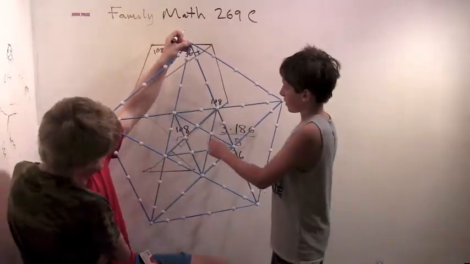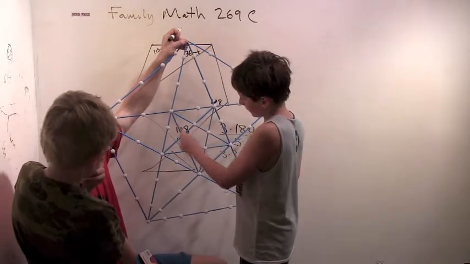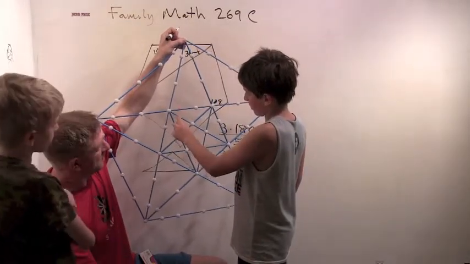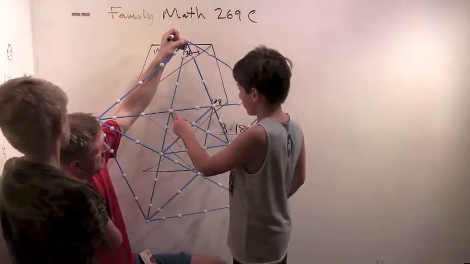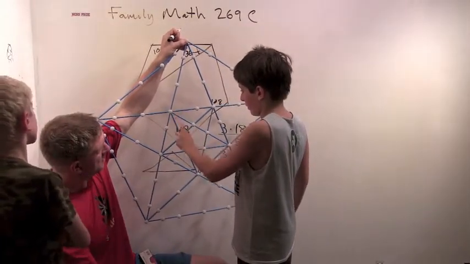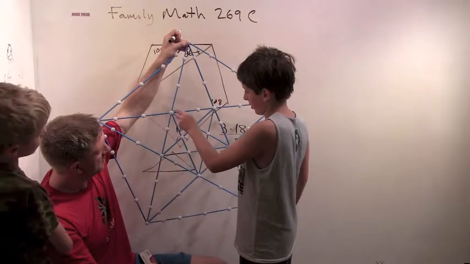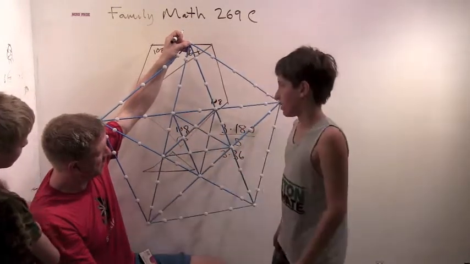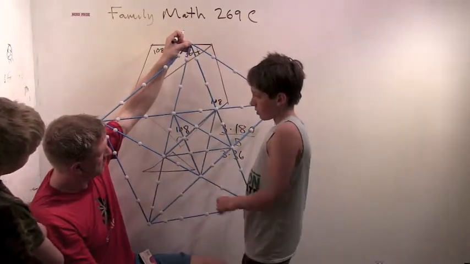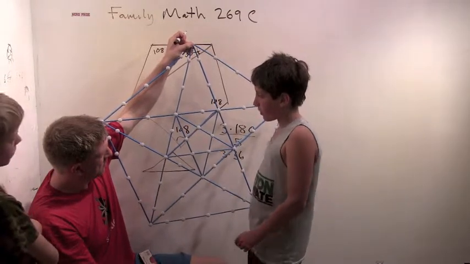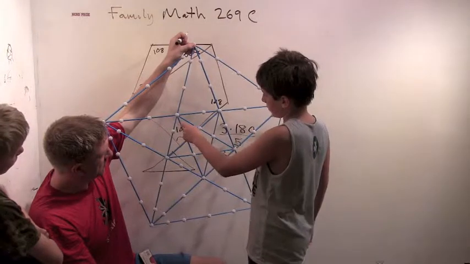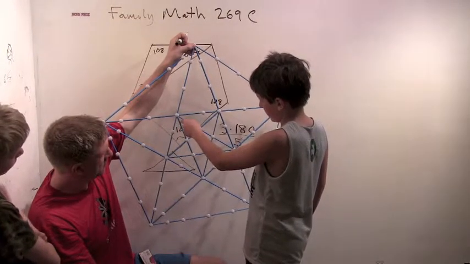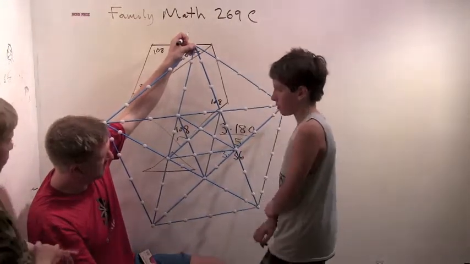What do you notice? Well, I noticed that we knew that this angle was 108. And whatever these angles are, it's equal to this triangle. These triangles are congruent. Okay, interesting. So we could say that this angle plus whatever this is 108.